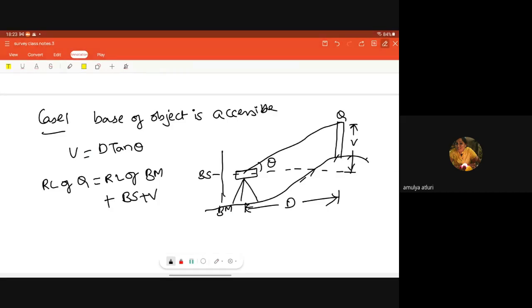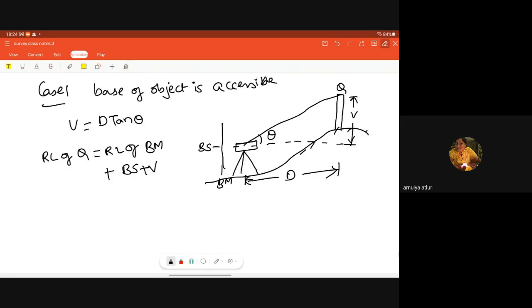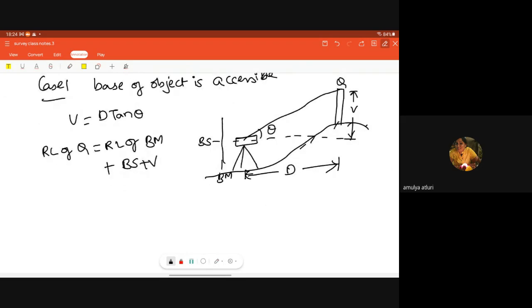So in case my base of the object is accessible, this is the method we use to calculate RL of the other point.